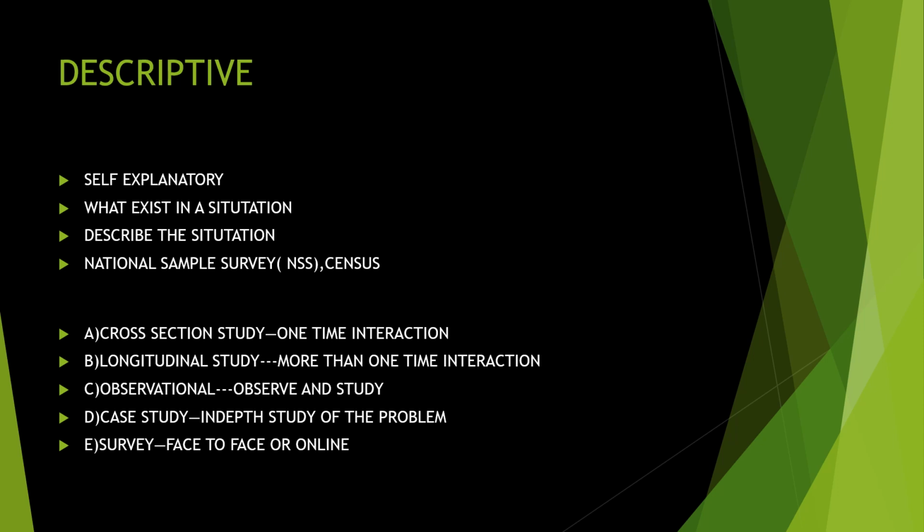That is called a survey. All these come under the descriptive type of research. So cross-section study is there, longitudinal research is there, observational is there, case study is there, survey is there. All these types of research come under the descriptive type of research. Understood?